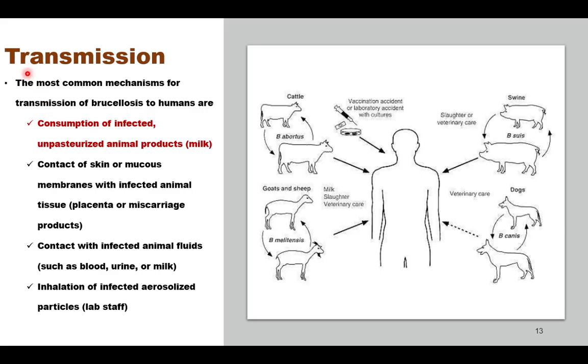So how is infection acquired? For most people, infection is acquired through the consumption of infected, unpasteurized animal products, particularly milk. Now, this is very important because if you have undulant fever in a returning patient, a patient who just returned from travel to any of these endemic areas, brucellosis should be part of your differentials.